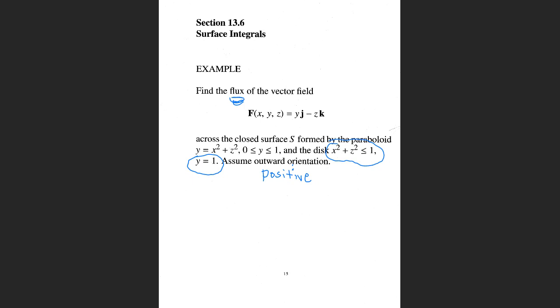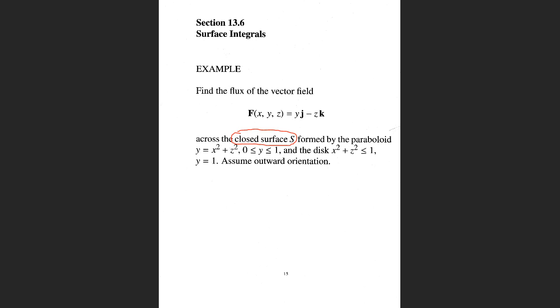And in this case, because you have here a closed surface S, well, there are two surfaces, right? There's the paraboloid, and then there's the disk itself that stops the paraboloid. So it's a closed surface. So you're going to need to find flux through two surfaces.